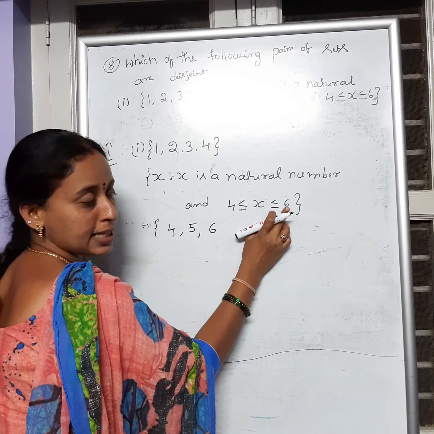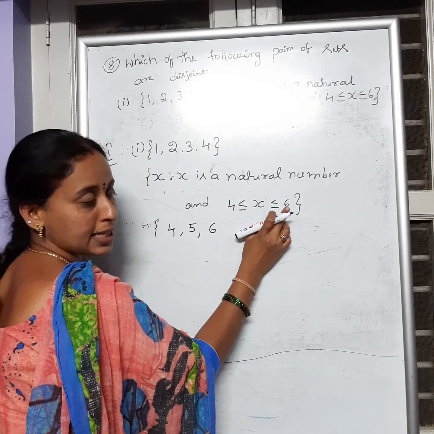If we get at least one element in the set, it is not an empty set. So according to this we get a singleton set. Therefore it is not an empty set or null set, and therefore it is not a disjoint set.